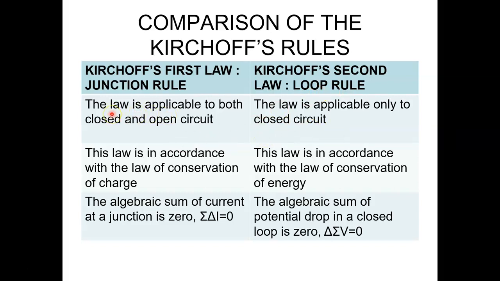So this is basically the comparison of both laws. The junction rule is applicable to both closed and open circuits. Meanwhile, the loop rule is applicable only to closed circuits due to the value of V. Because when your circuit is open, there is no current flowing through it, so you don't need any loop rule to apply.